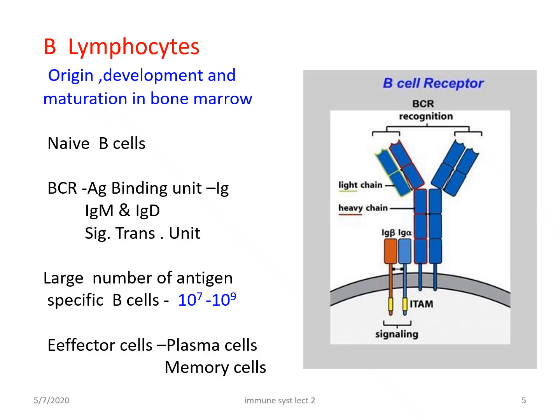So a fully functional mature B cell which has not been exposed to the antigen as yet is called a naive B cell. Under the light microscope, it appears the same as the small lymphocyte that you see, because the other details are not visible.